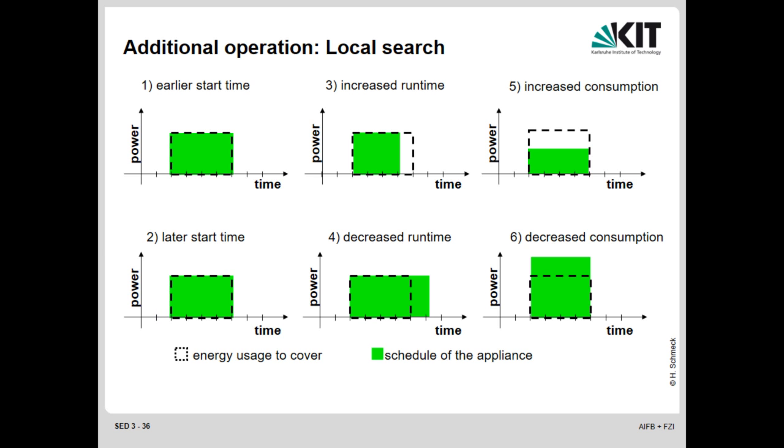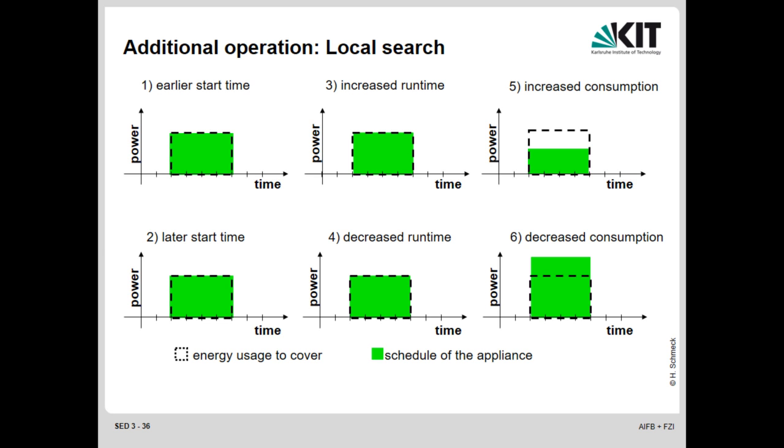It fits. Or maybe there's a situation where this device has a possibility to run slightly longer, and then we increase the runtime, and it fits. Or we can switch it off a little bit earlier, and we decrease the runtime.